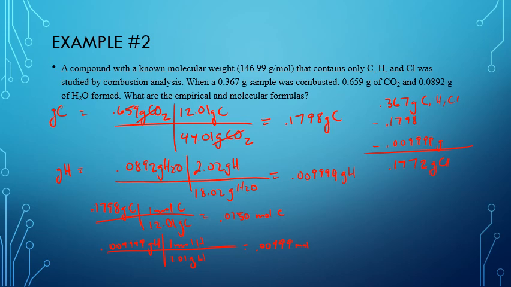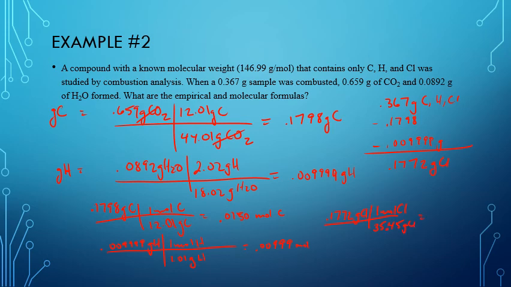And then finally for the chlorine, we can take the 0.1772 for my grams of chlorine. 1 mole of chlorine is going to be 35.45.